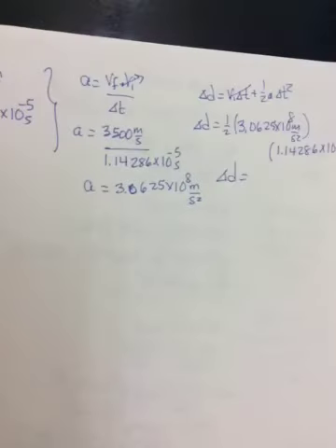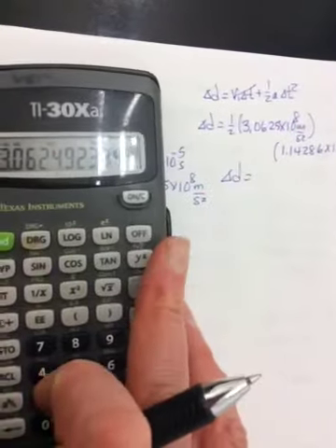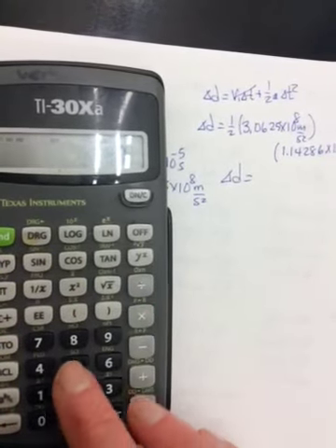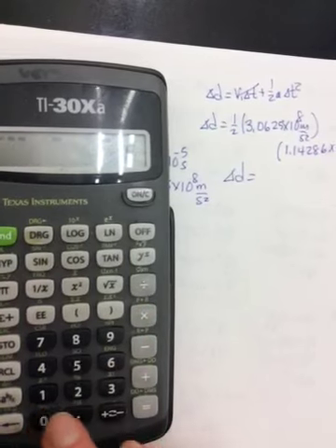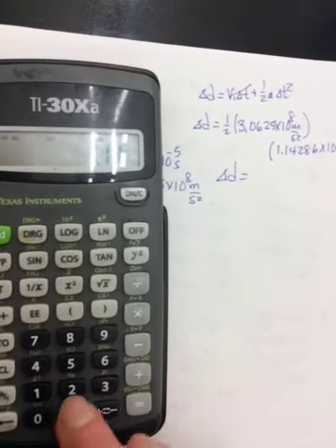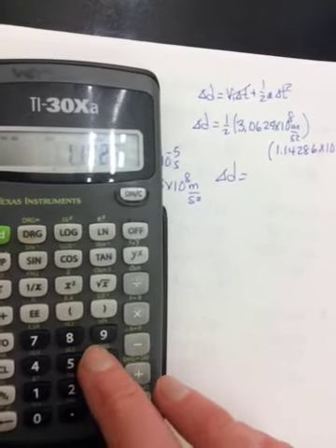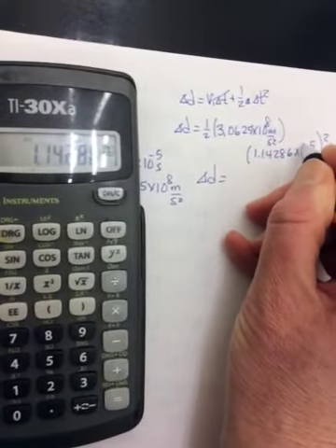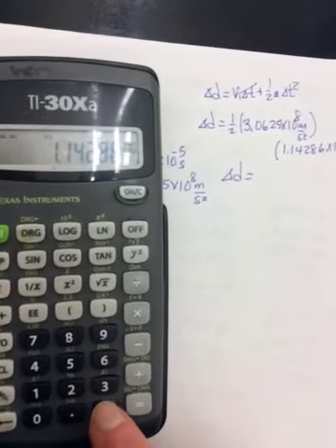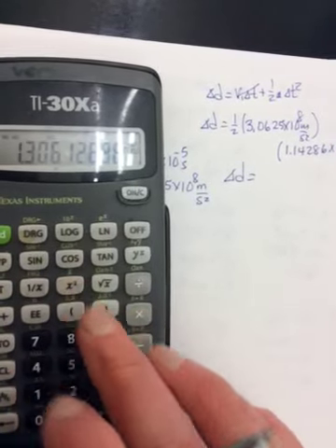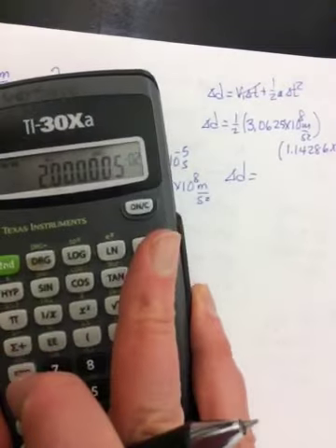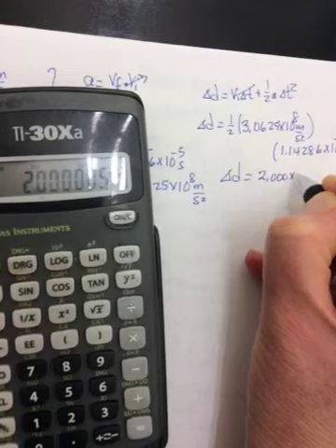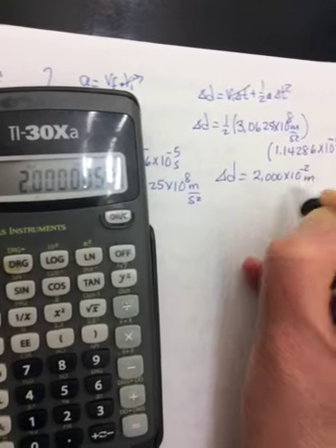So again, in your calculator, you have your acceleration all out there with all the decimals. So don't clear it. Just do times 0.5 times 1.14286 EXP negative 5 squared equals. And you should get 2.0, a lot of zeros, times 10 to the negative 2 meters.